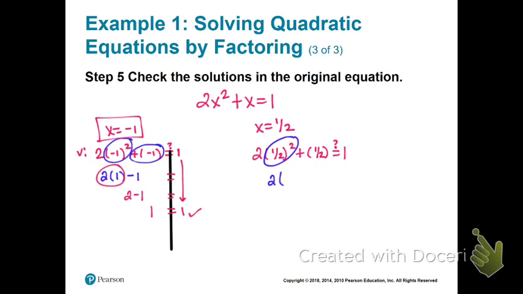So I have 2 times, what is 1/2 squared? 1/4. You write it twice, so it's 1/2 times 1/2, which is 1/4, right? Or if you put in your calculator, it tells you 0.25. And then we have plus 1/2. I forgot to draw my line.